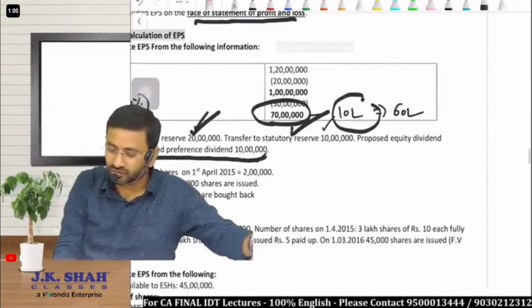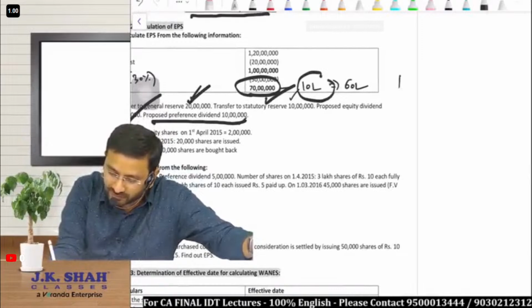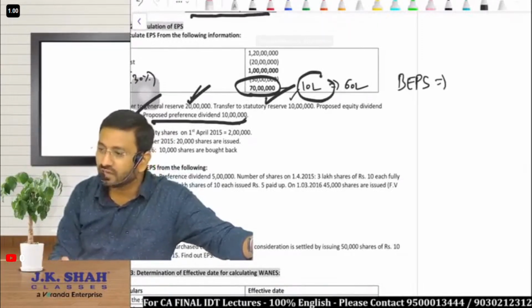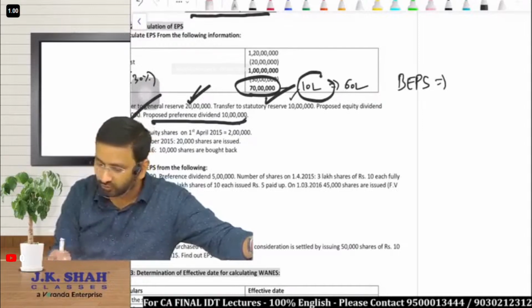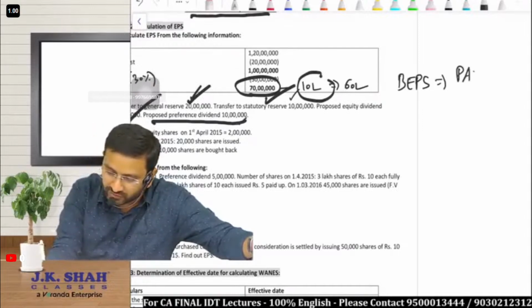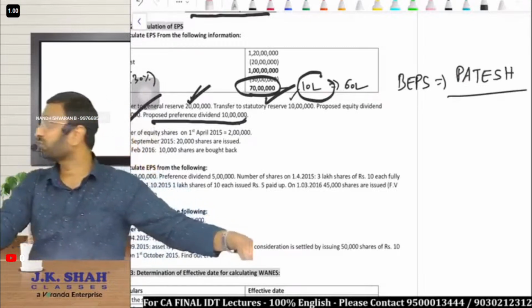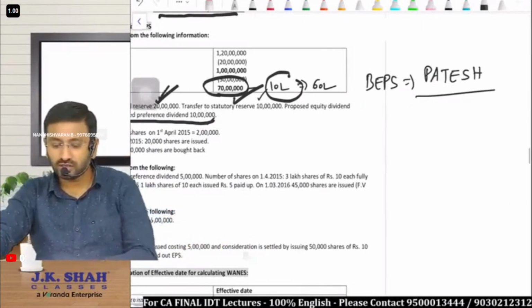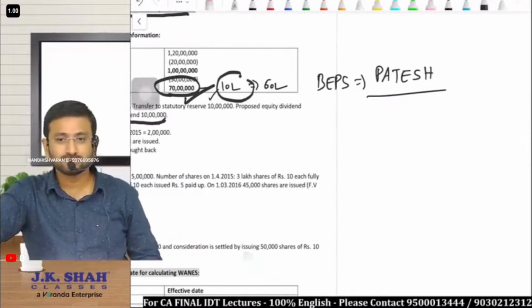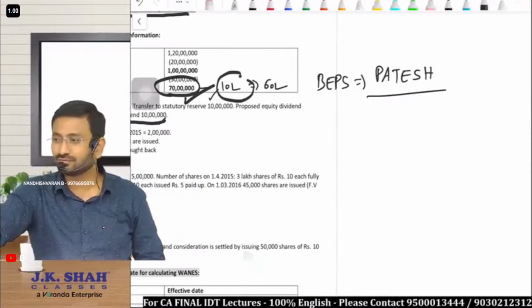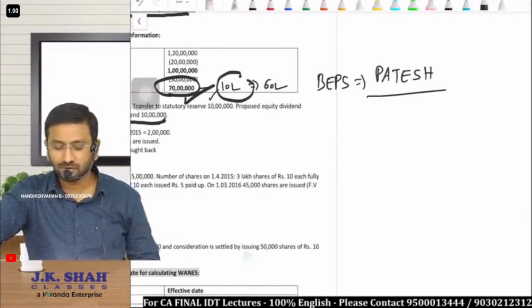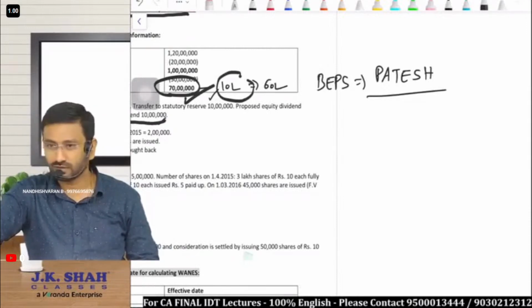Is that clear? So the numerator we have finalized. What is the numerator for basic EPS? Profits available to equity shareholders. I'll call the numerator profits available to equity shareholders.